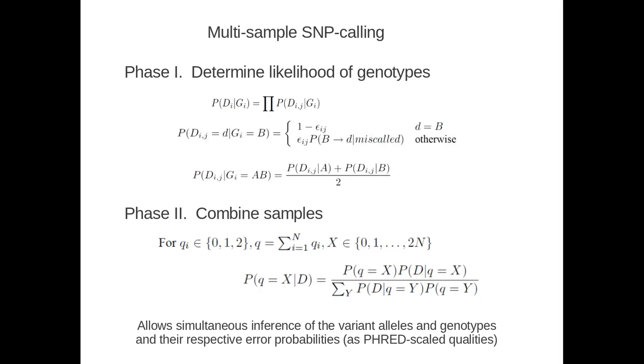So in the end, all of this mathematical inference allows you to simultaneously infer both the most likely genotypes for each of the samples, as well as their respective error probabilities, in addition to returning an error probability that there's a variant at that site at all. And hopefully some of this will become a little bit more clear as we actually look at some of the raw outputs, where we get both the qualities for a variant or a SNP and the qualities for the different genotypes.